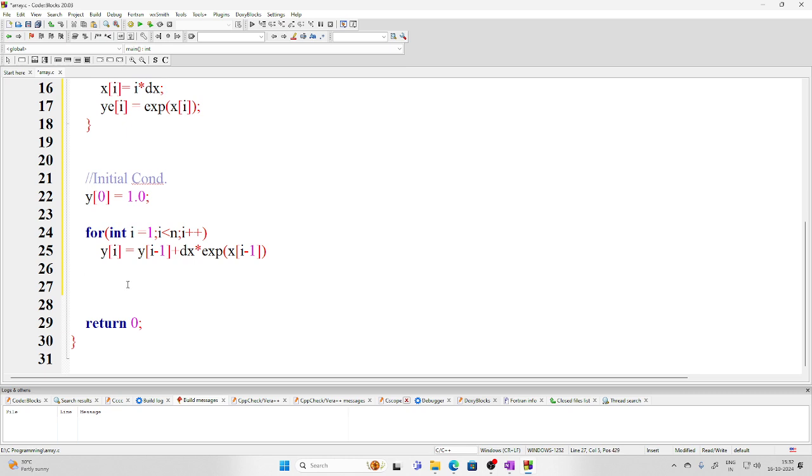Now you are in a position to print the result. So printf, let's say serial number, and then give a tab, then your x, it will be x, and then y numerical.